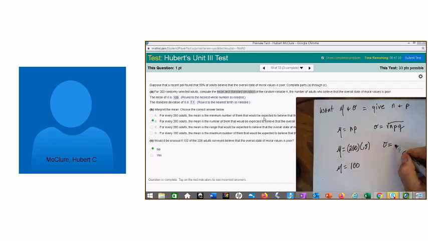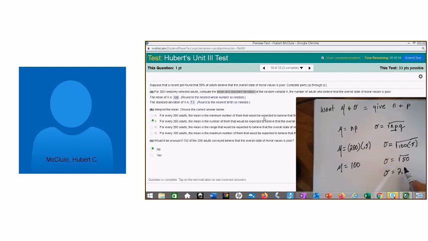Standard deviation is equal to 100, that's NP, right there, times 0.5. What's half of 100? 50. And the square root of 50, that'd be what, 7.1? Because 49 is 7. So that should be your answer.